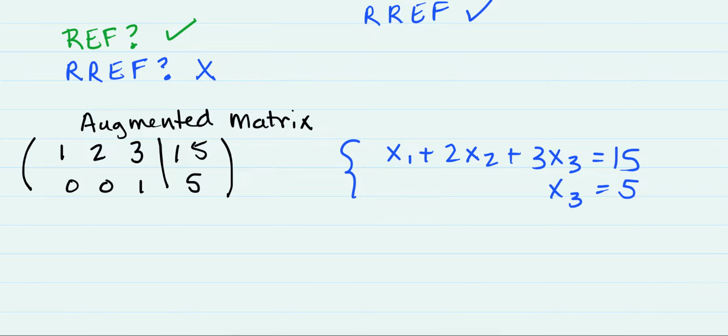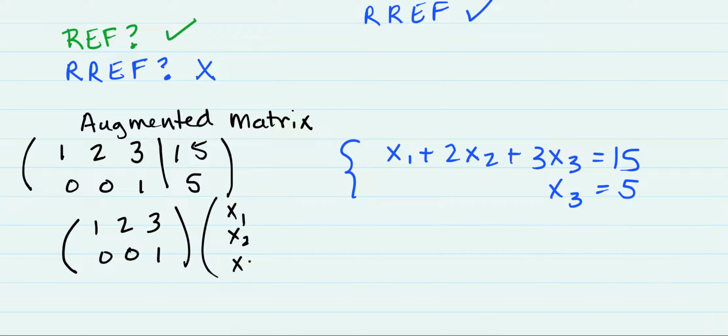Another way to express this augmented matrix is to say the matrix 1, 2, 3, 0, 0, 1 times x1, x2, x3 is 15, 5. So we can take any matrix we have, and if we just put a line separating the last column from the other columns, then that's like saying there's a linear system out there that corresponds to this matrix.